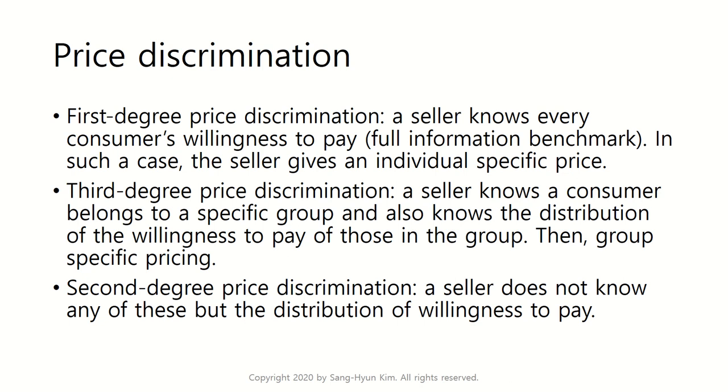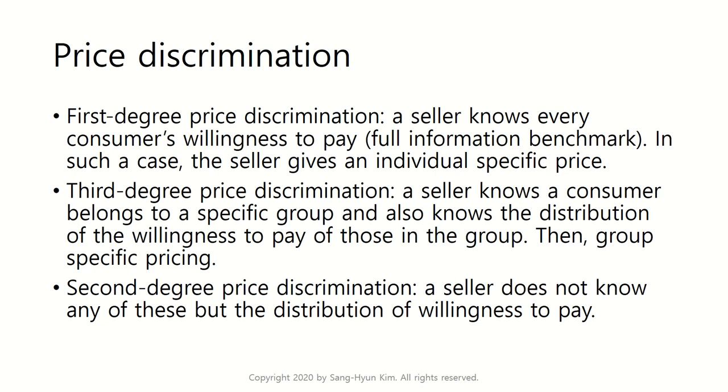So the second type is the third degree price discrimination. It's also called group pricing. In this price discrimination, a seller knows a consumer belongs to a specific group and also knows the distribution of the willingness to pay of those in the group, and then the seller can give a group specific price.